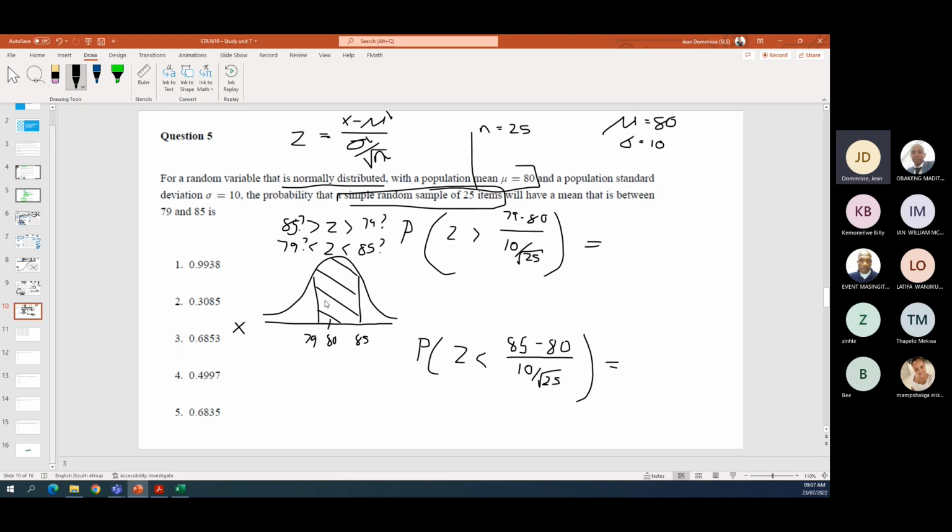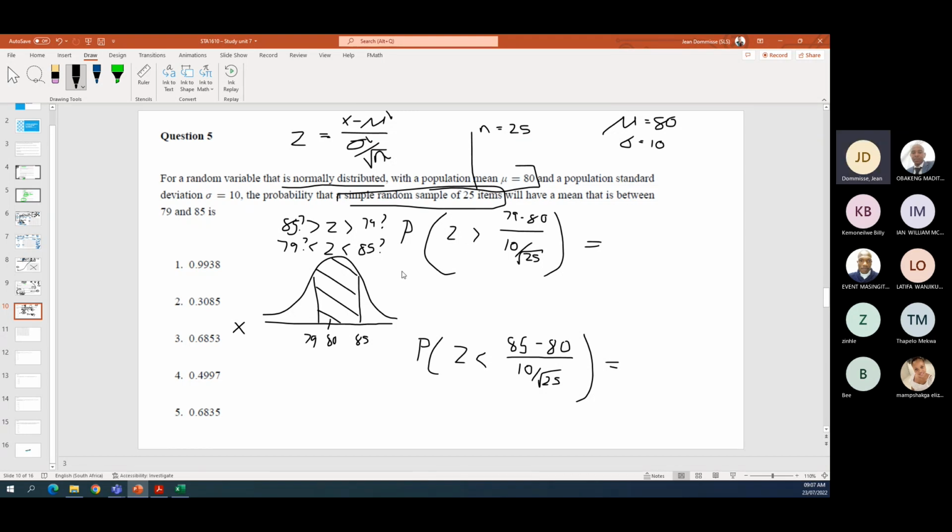This is one of your more difficult questions, because they test that you realize you first need to work out the z's. You can't say 85 minus 79, get the difference of those two, and use that as an x. So you need to first work out the one, then the second one, and then do something to get that area.